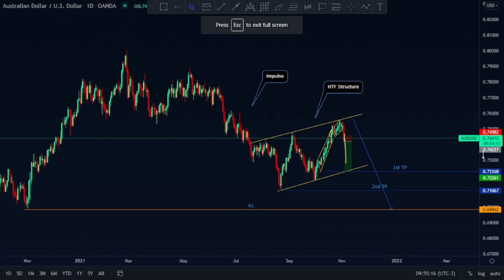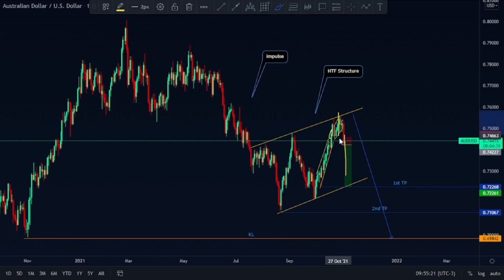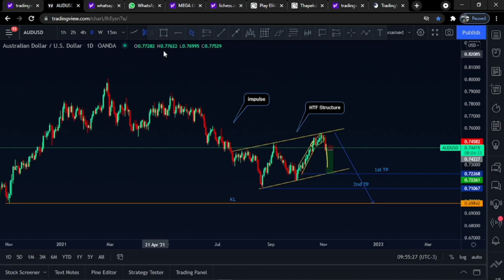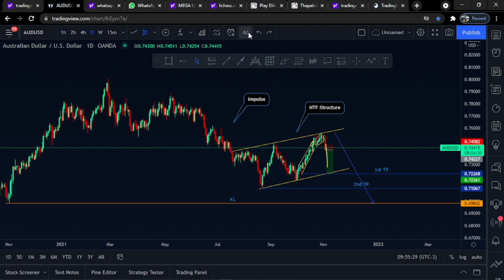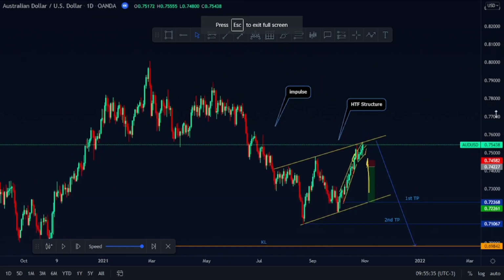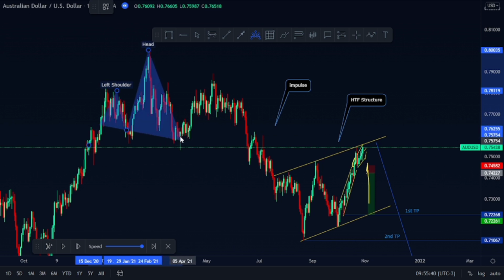So yeah guys, as I was saying, remember last week price was around this area here. Okay, let me do this quick. It was around this area, and we had something like this head and shoulders.